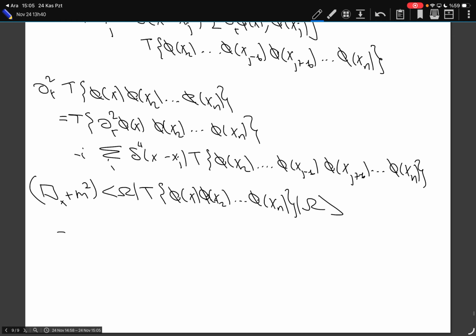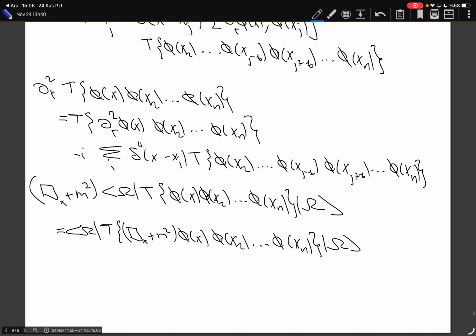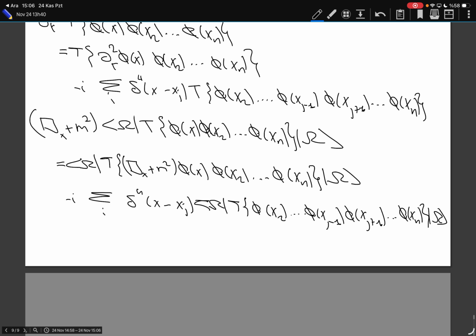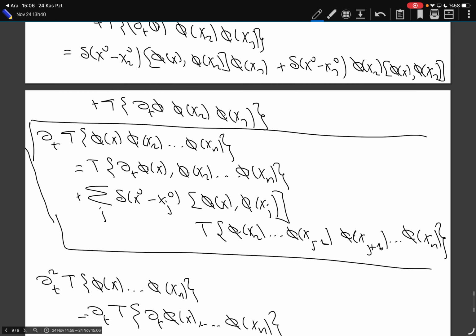This will be equal to acting on phi of x, minus i. This is called the Schwinger-Dyson equation.